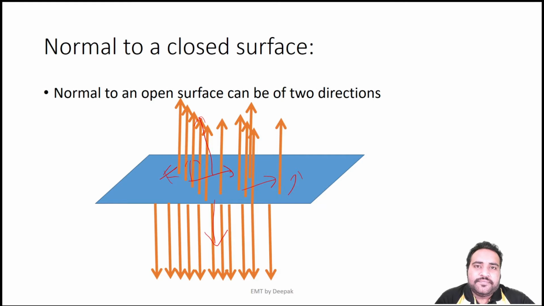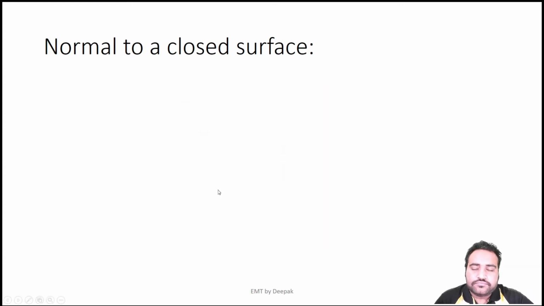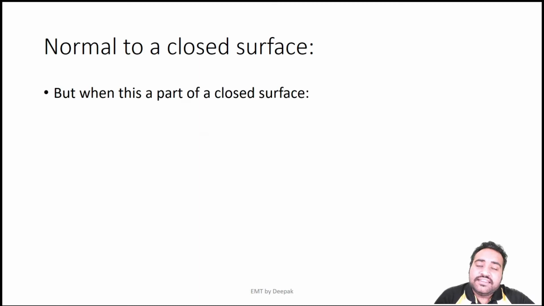But if this surface is somehow part of a closed surface, then that may not be the case. When it is part of a closed surface, it can have only one possible direction for a normal, and that would be pointing away from the volume enclosed by the closed surface.